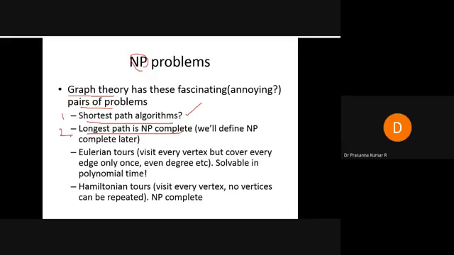I'll give you the relationship between P, NP and NP complete type of problems using a small Venn diagram. I'll just draw it here. Sorry, I think this circle is not good.